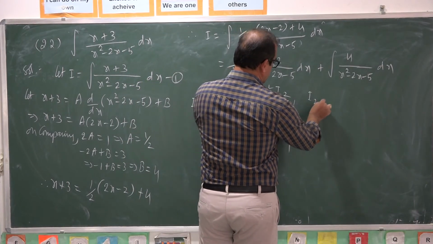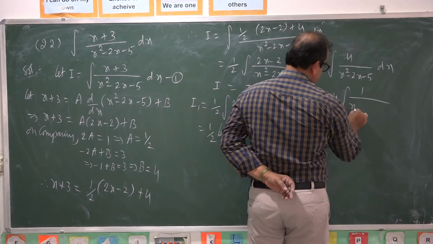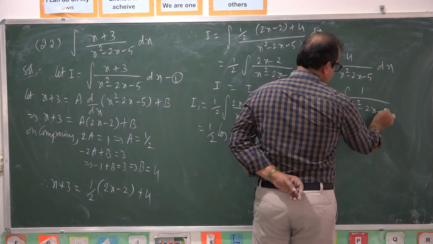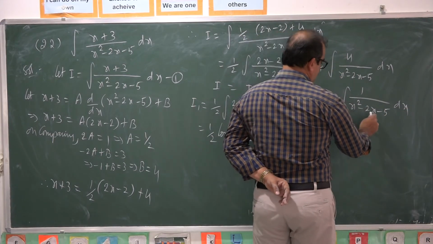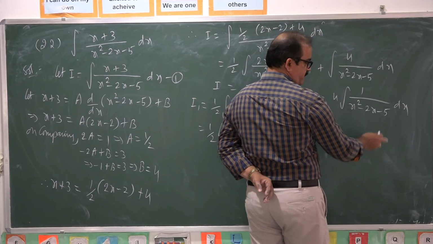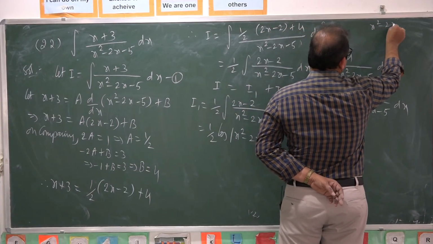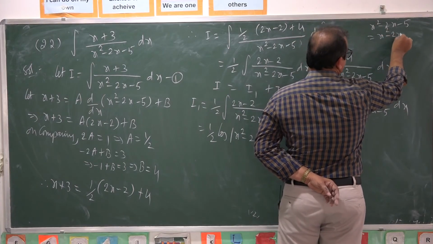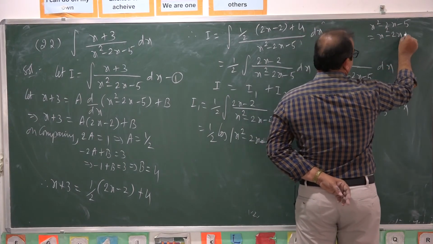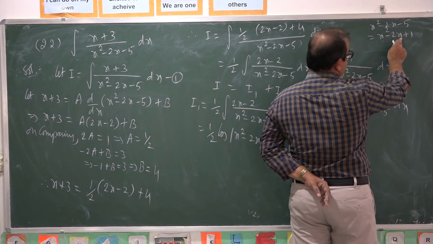I2 is equal to 4 into integral 1 by (x² − 2x − 5) into dx. Now, write this quadratic form as a perfect square. x² − 2x − 5. This is taken as x² − 2x + 1. It is 2 into 1 into x.